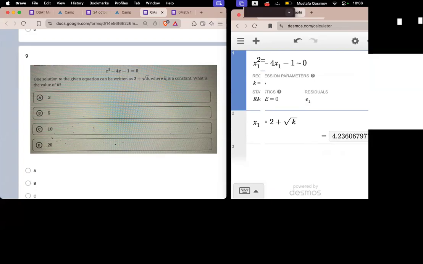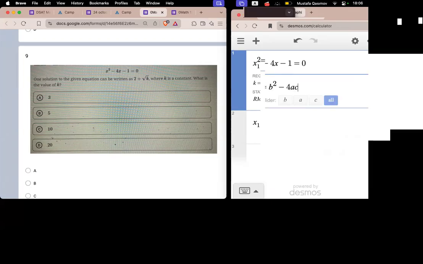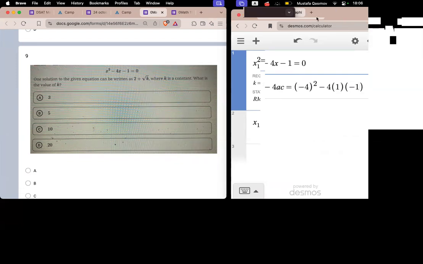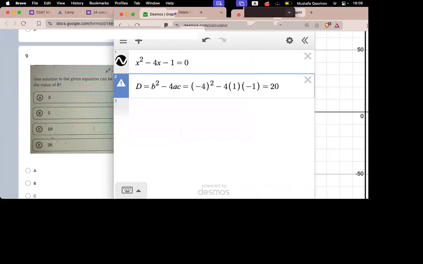Any question from here? Also, let's look at how to do it without decimals, just using paper. x squared minus 4x minus 1 is equal to 0. Find the discriminant from here. Discriminant is equal to b squared minus 4ac, and it's equal to negative 4 squared minus 4ac, and 4ac will be 1 and negative 1. So it is equal to 20, right?